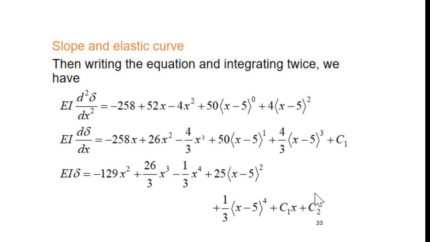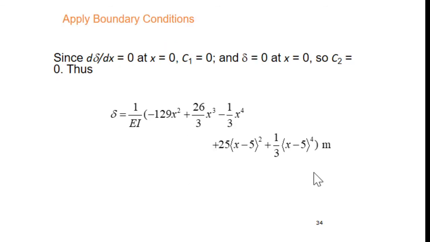As we have two constants of integration, we need two boundary conditions. As it is a fixed supported beam, we can write the boundary condition at x equals 0. Support is at the beginning, so at x equals 0, slope will be 0, dy divided by dx equals 0.